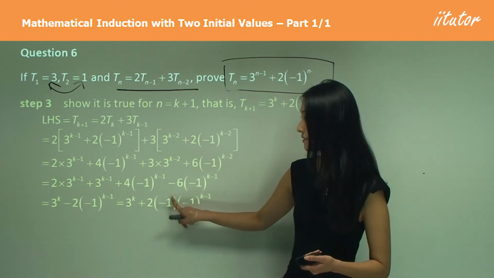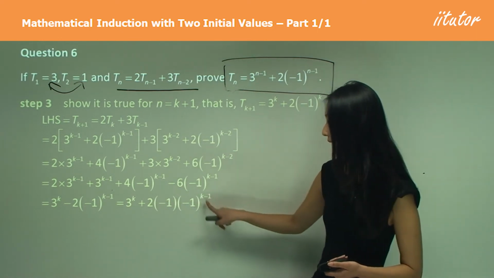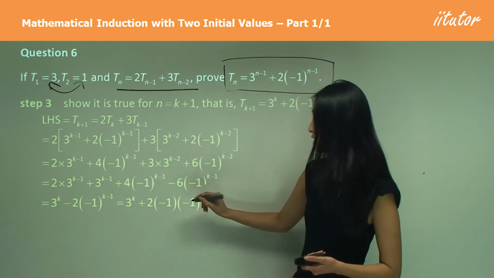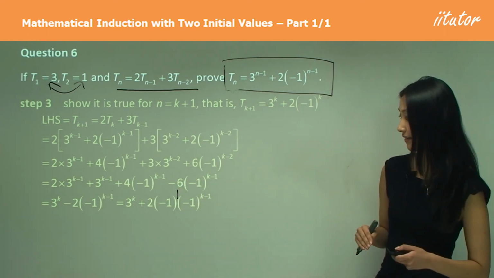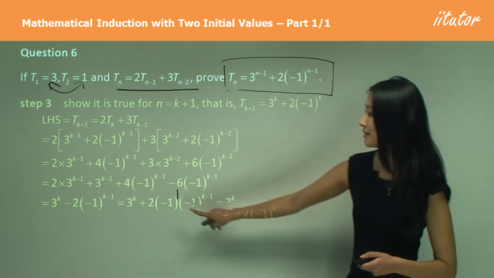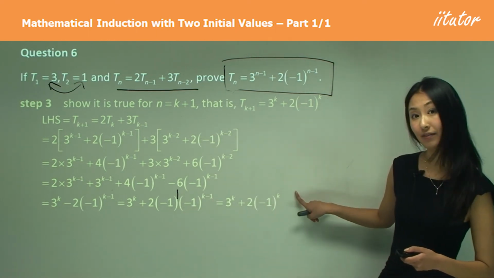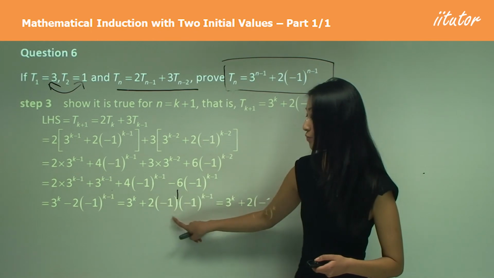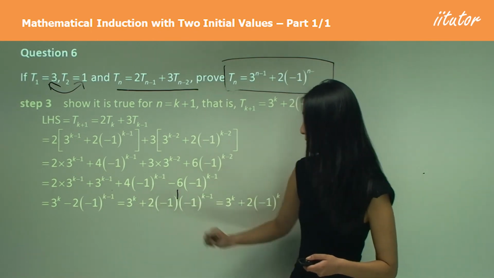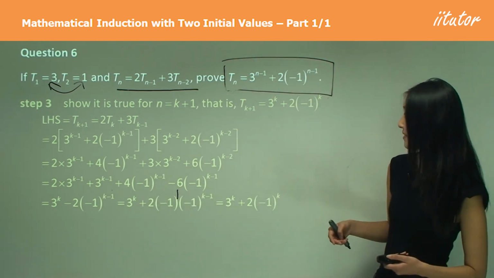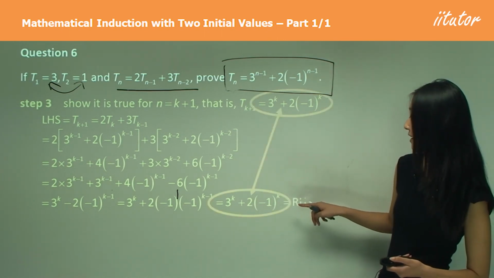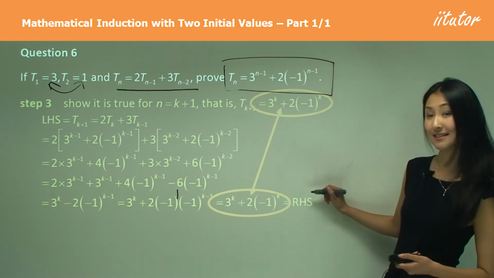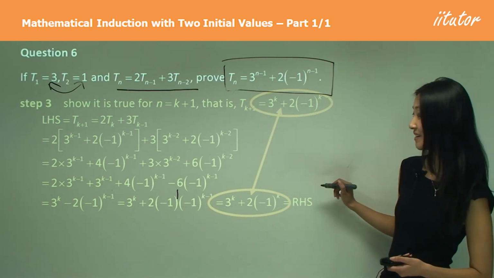So we have this negative 1 multiplied into this. So if we have 1 up here, we add the indices together so that this just becomes negative 1 to the power of k. And because we've gotten rid of that negative, this just becomes positive. So that's how you get 3 to the k plus 2 bracket negative 1 to the k, which you can see is exactly the same as the right-hand side.